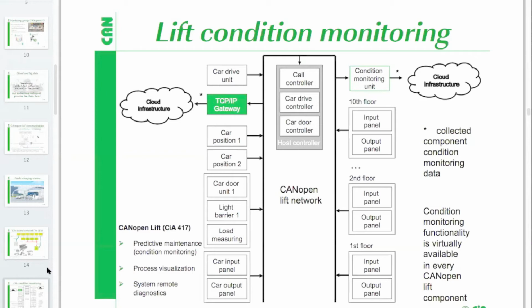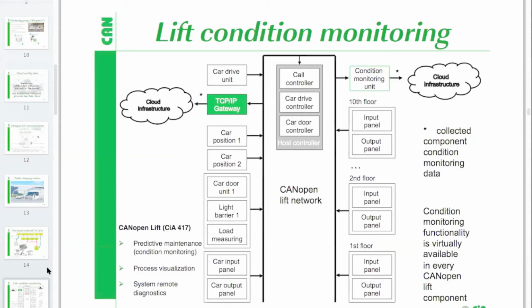And from this point on, the data could go through the cloud or through a local communication path to the end user, who collects this data on the lift network. The most important information, the predictive maintenance of the components, is done by this means in a very simple manner.